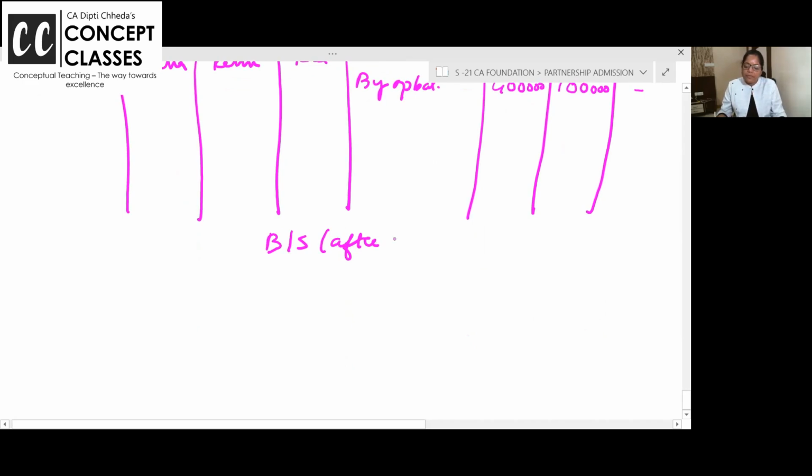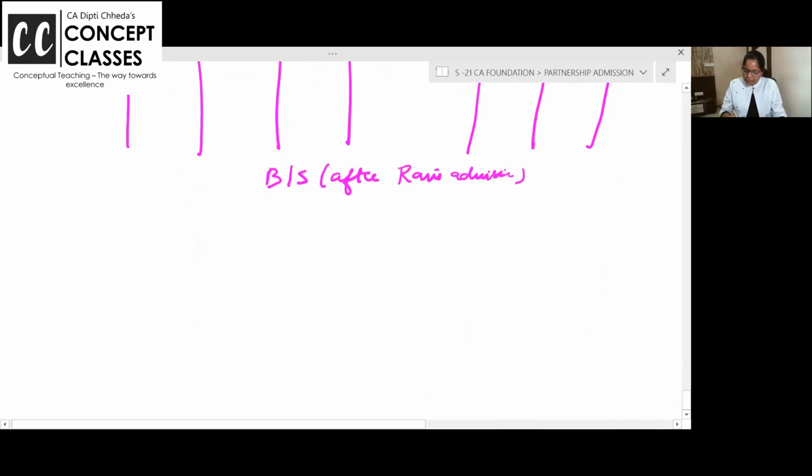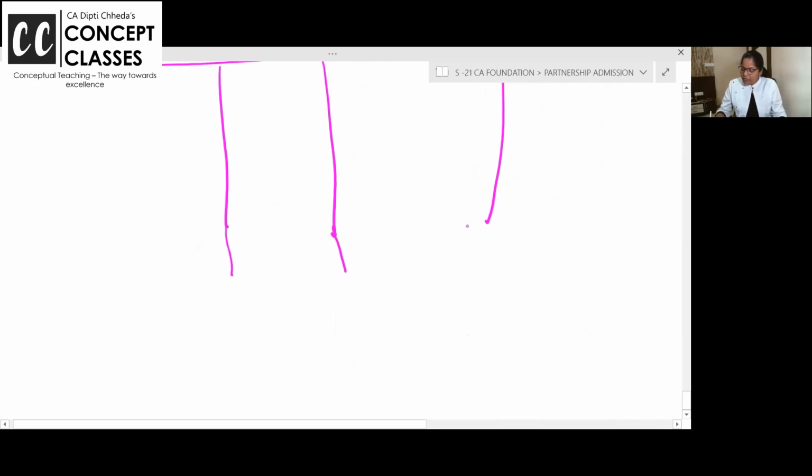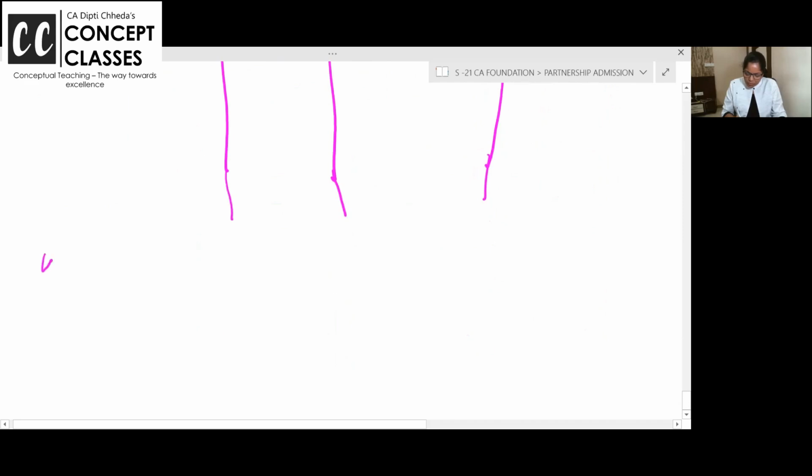After Ram's admission, make a T-format balance sheet, followed by working note 1.